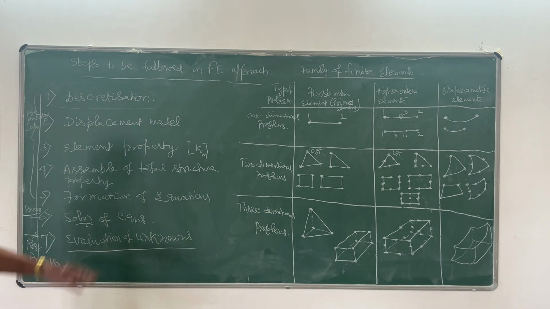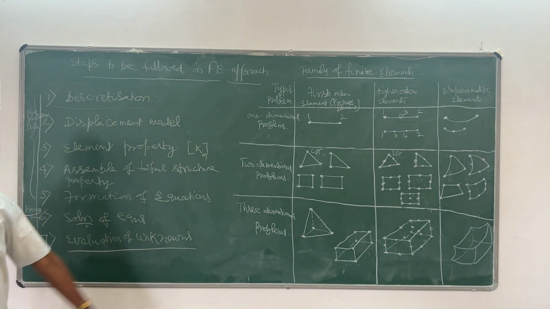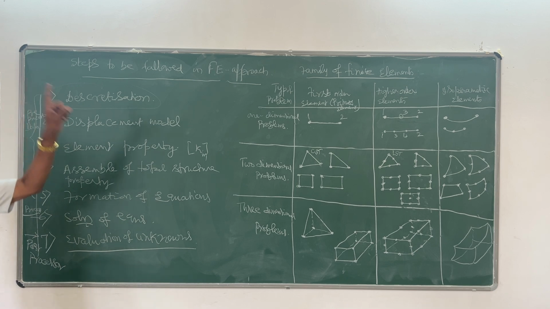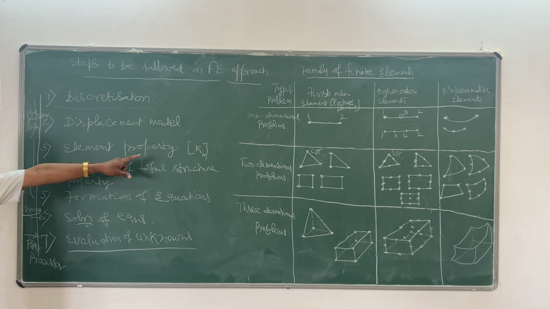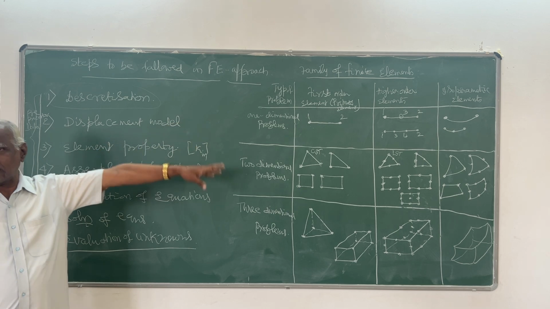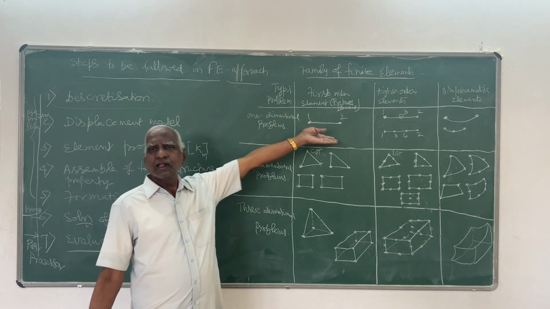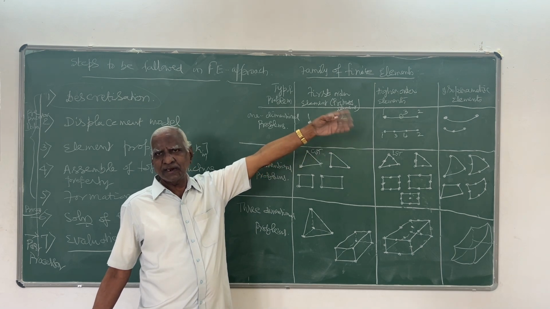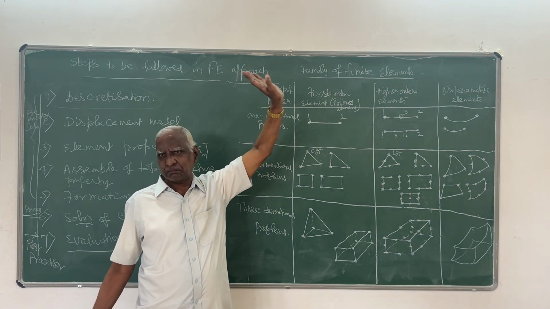So these are the types of finite elements which we use in practice, and for these elements we have to determine the element property, that is, the stiffness matrix. Stiffness matrix of line element, 1-noded, 2-noded, 3-noded, or isoparametric type.